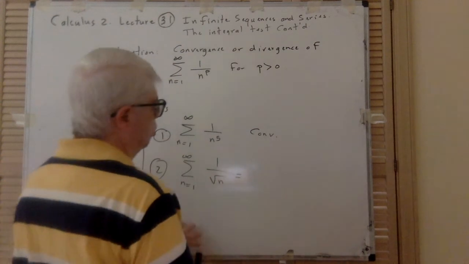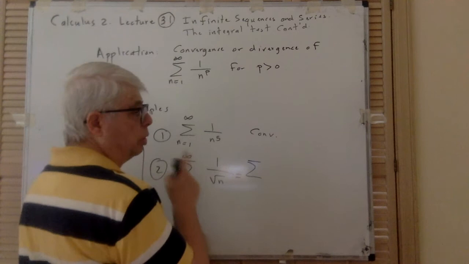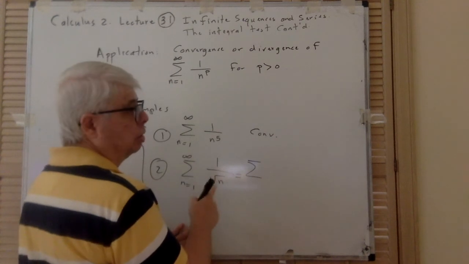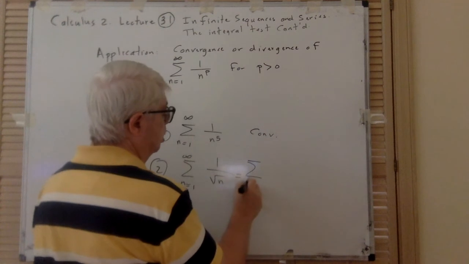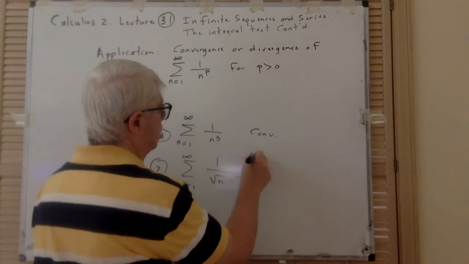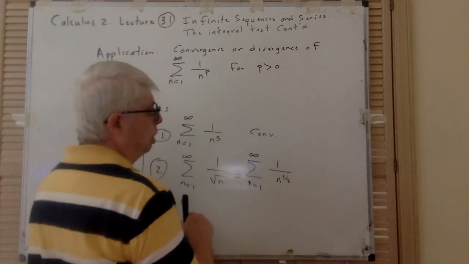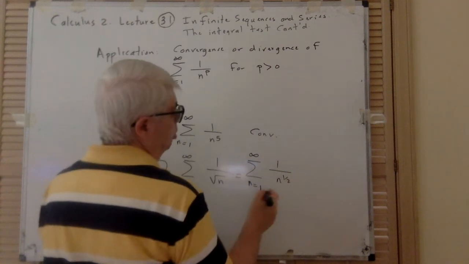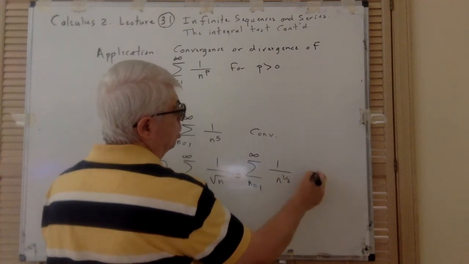Now what about 1 over the square root of n? I told you never use radicals; write it as an exponent. That is n to the power 1/2, so p is between 0 and 1, so it is less than or equal to 1. So this is divergent.